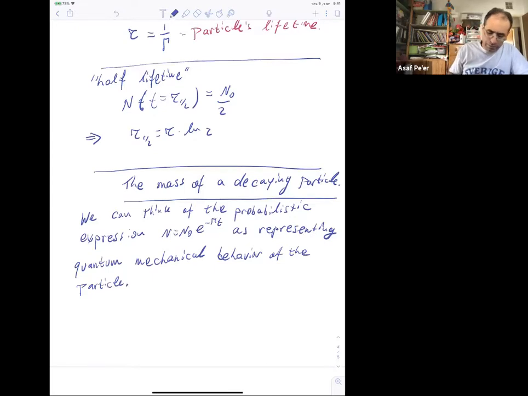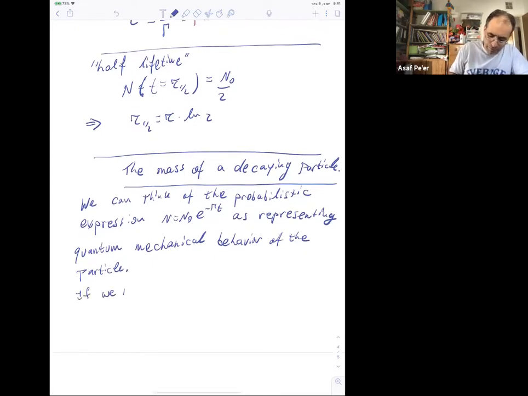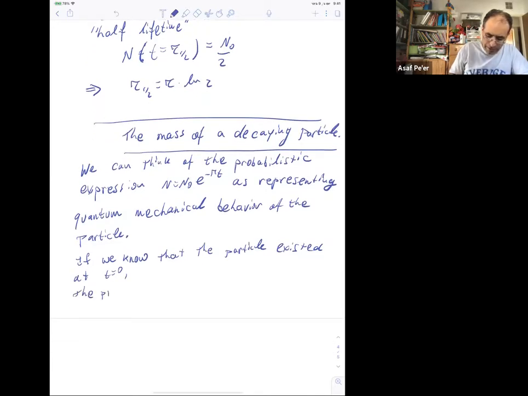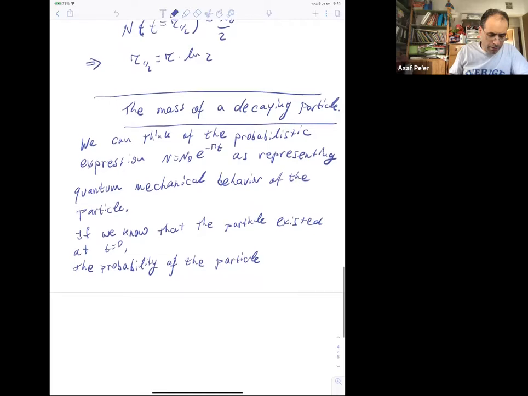So if we know that the particle existed at t equal to 0, the probability of the particle to still exist at time t to t plus dt is just e to the minus gamma t dt.